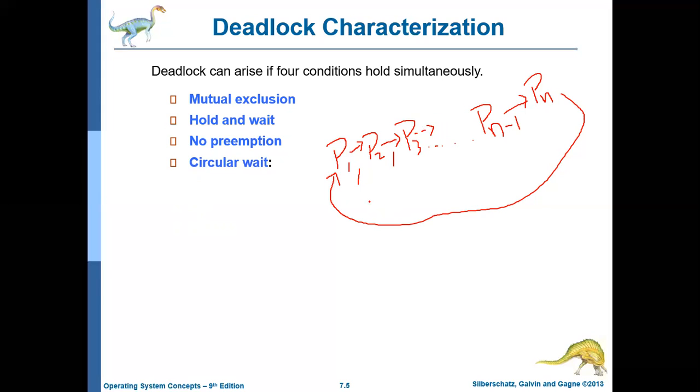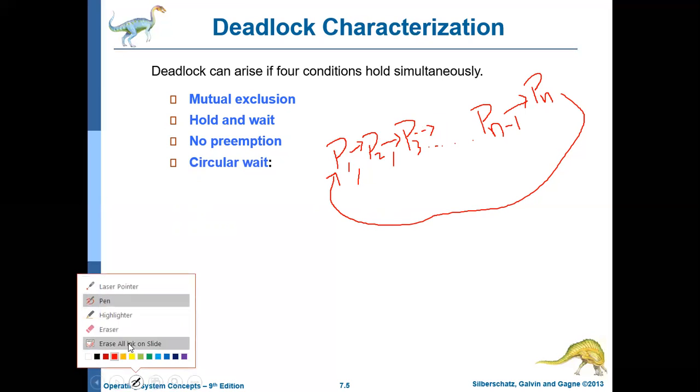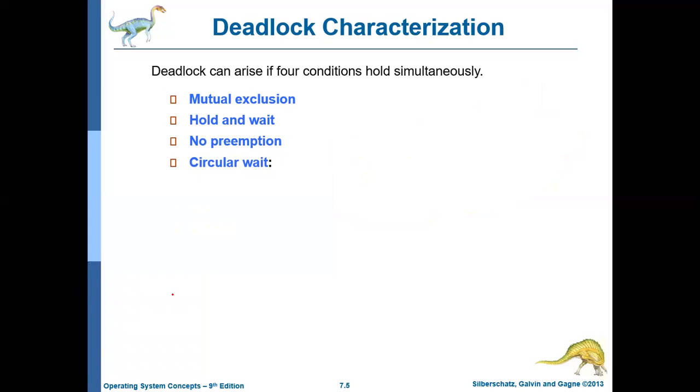This feature is called circular wait. If all these conditions are there, then you can say that the system is in deadlock. Even if one of the conditions is not there, you cannot call it a deadlock.